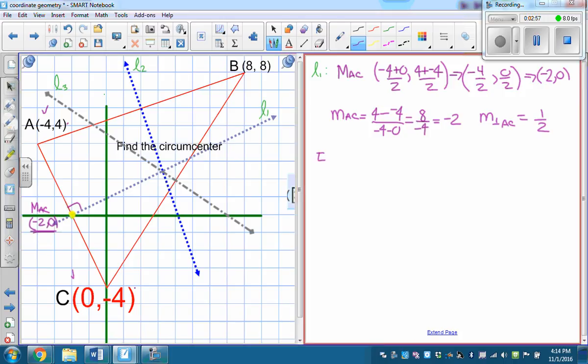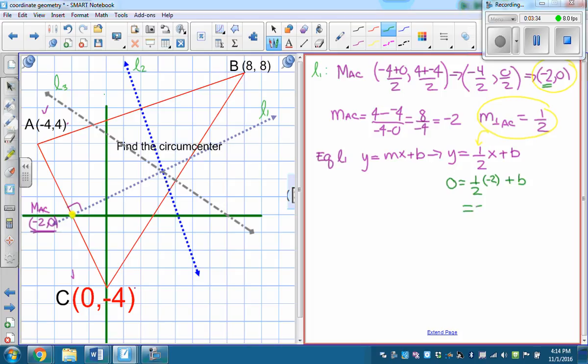So my equation for line 1, using the y equals mx plus b form, would be, start it with y equals 1/2 x plus b, because I'm going to use the perpendicular slope. But I'm also going to use the midpoint. So 0 equals 1/2 times the x value from the midpoint plus b.